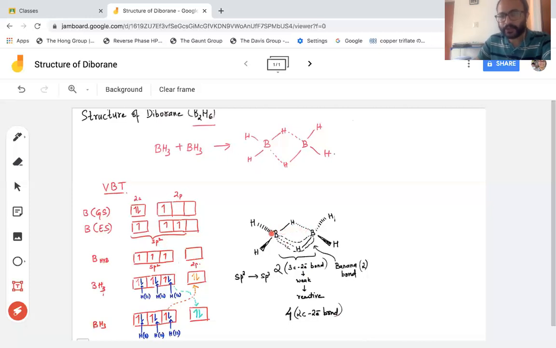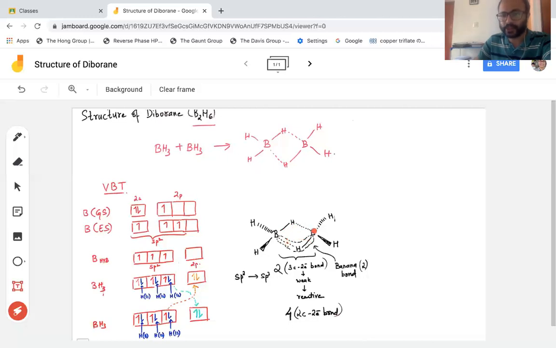Now if you consider the nature of this bridged bond, or we can say the hydrogen bridge bond, it is a three center bond. There are three centers here and the number of electrons is only two. So it is a three center 2 electron bond. In the same way, this other bonding electron is oscillating between these two boron atoms.